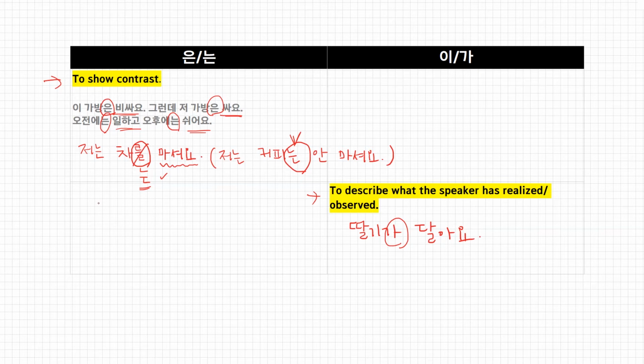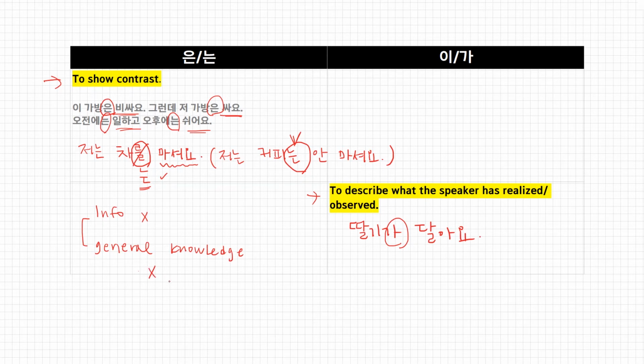As we've learned today, 은는 is used to provide some information or to talk about general knowledge of the subject. In this situation, you're not trying to provide the information or talk about the general knowledge of the strawberries, right?